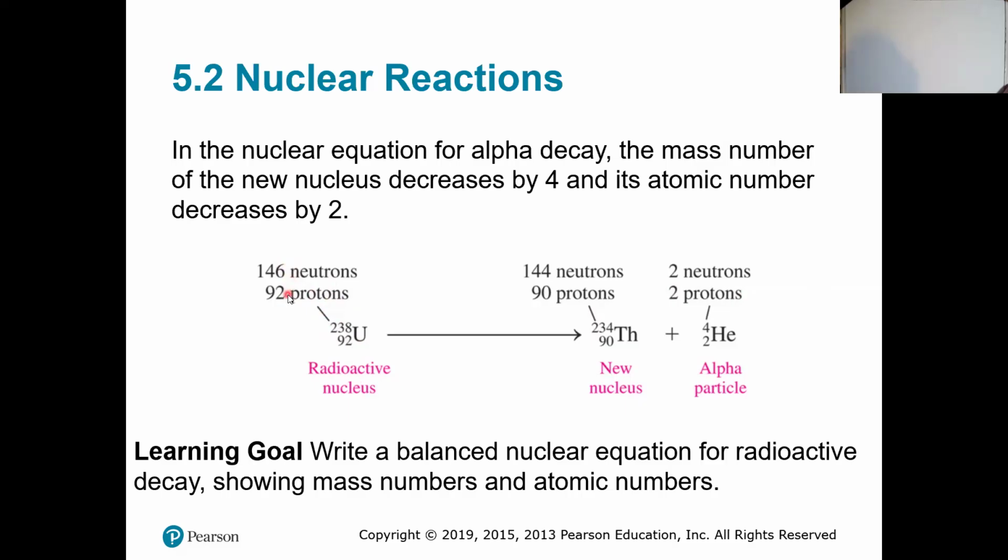When we compare it to the daughter isotope and the radioactive particle that's emitted, we'll see that the mass number of the products adds up to the mass number of our reactant, and the atomic number of our products adds up to the atomic number of our reactant. That's going to be true for every one of our balanced nuclear equations.